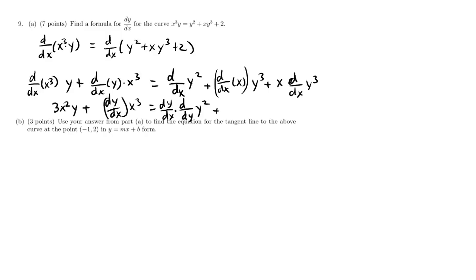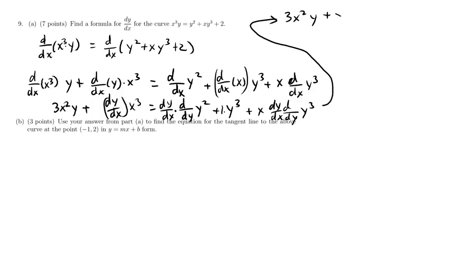And you can do the same thing for, well, d/dx of x is 1, so it's just 1 times y cubed. You can do the same thing here. You can differentiate by y and multiply by dy and then divide by dx. Okay, now let's further simplify. 3x squared y plus x cubed times dy/dx.